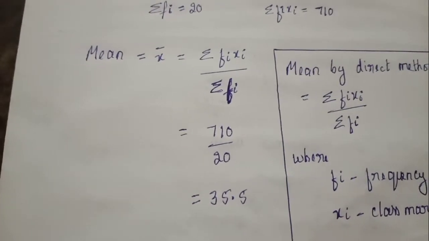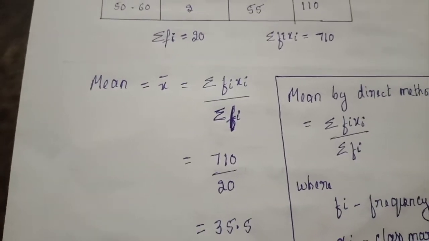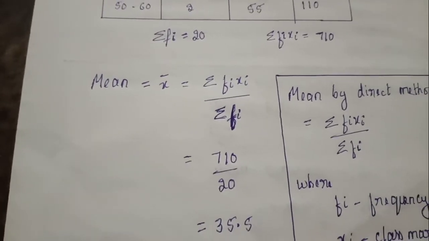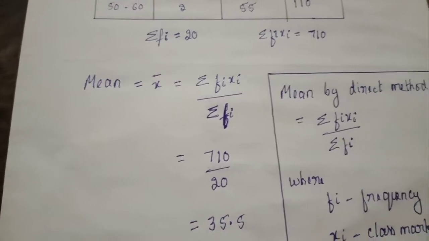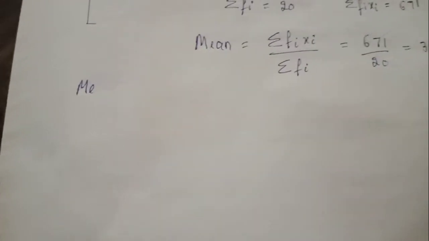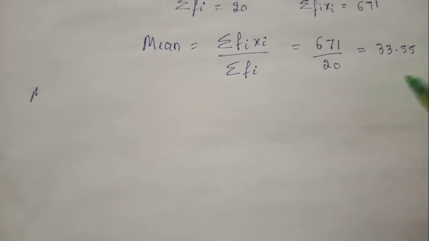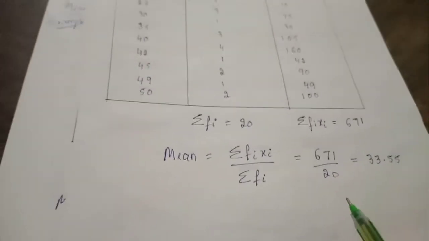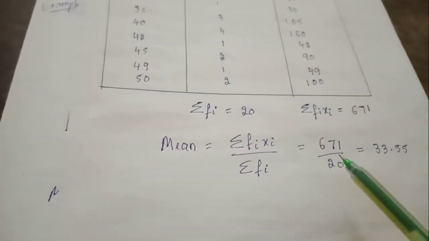Then if I ask you a question for the same data, which is the correct, appropriate, exact mean, whether ungrouped or grouped? My answer is, it is ungrouped. Whatever you got, 33.55 is the correct mean, because we added each and every individual value, that is we got 671.